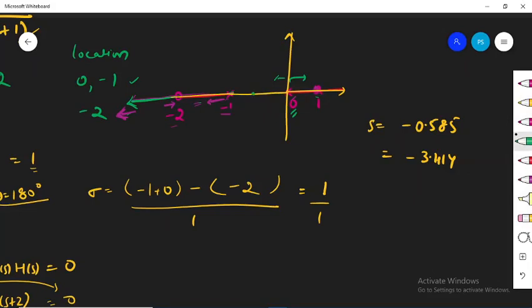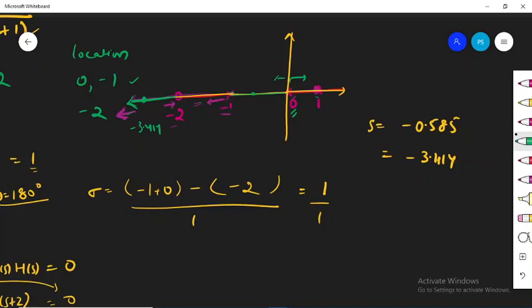And this minus 3.414 will be lying beyond minus 2, somewhere here. Both these points are lying on the root locus because both these points are lying on the green zone.